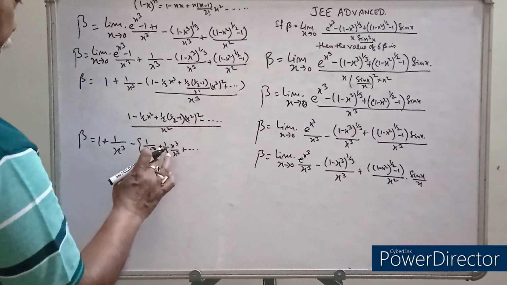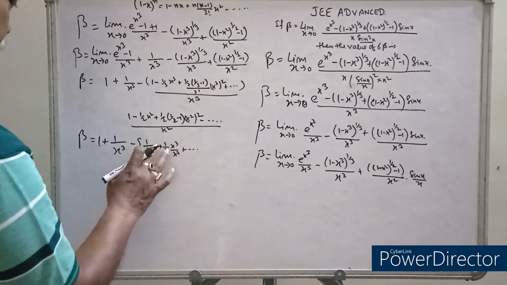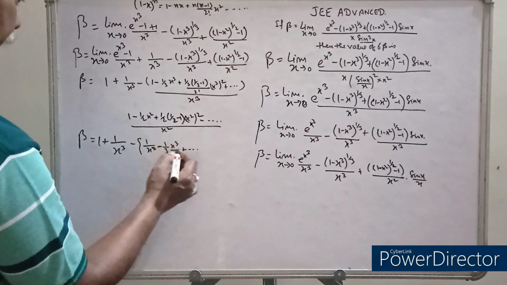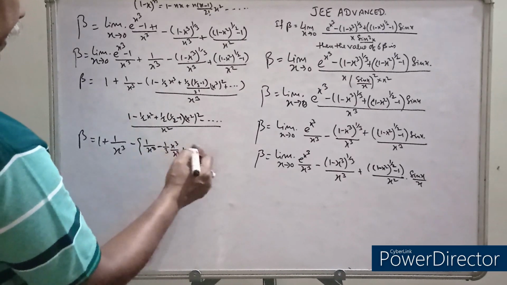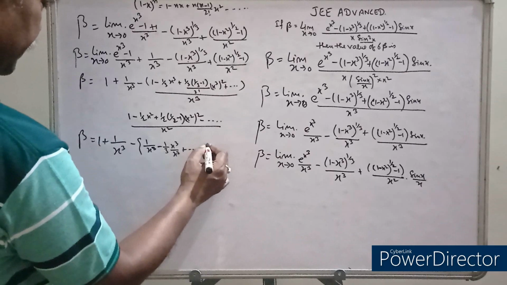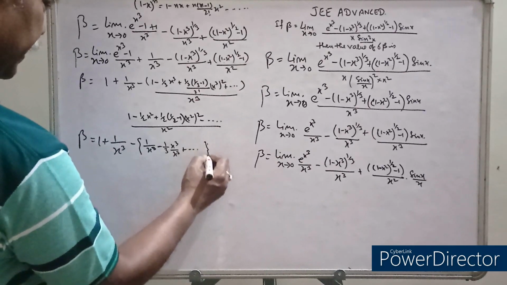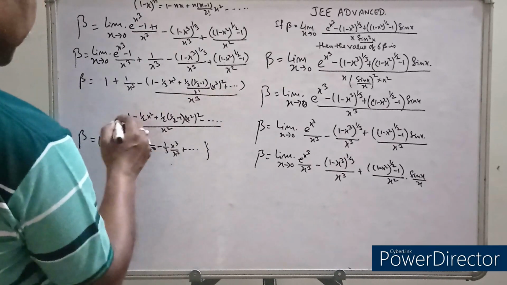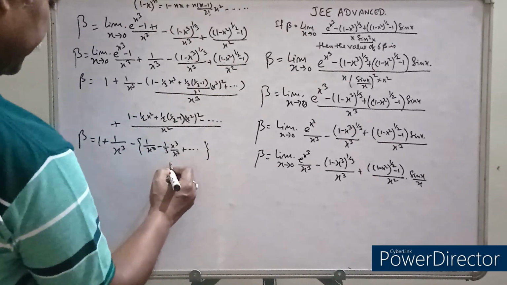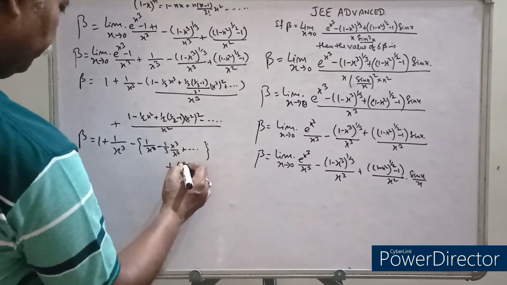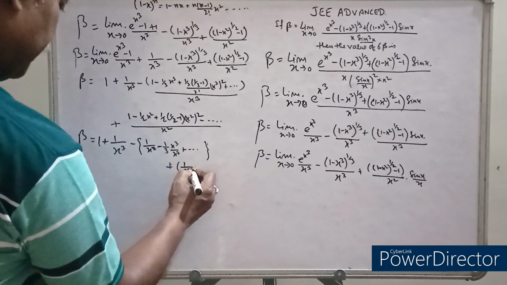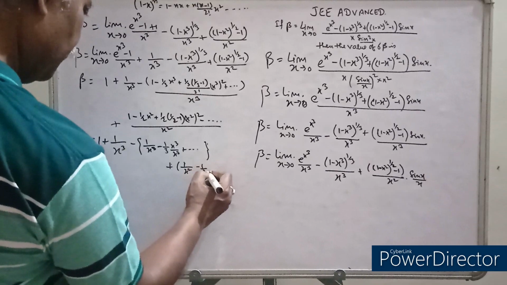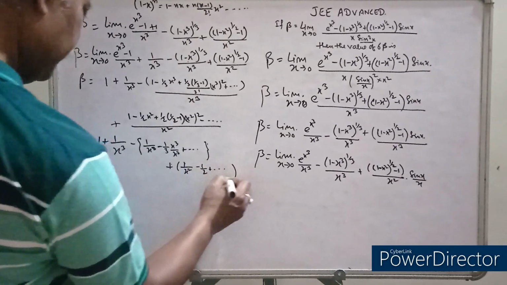One minute, I have kept a minus outside, so this is minus, and then minus and then plus, and it will go like this. And for this it will be plus, because this is plus here, so plus 1 by x square, then minus 1 by 2, and it will go on in this way.